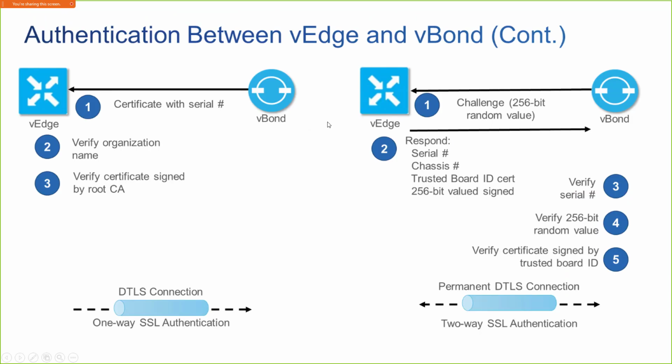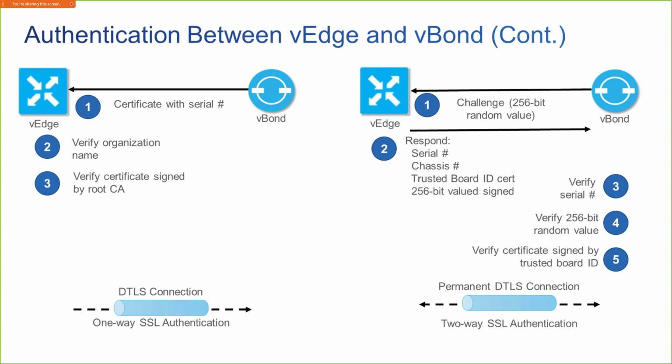Now, what if I'm communicating between vEdge and vBond? Over that DTLS channel, the vEdge router and the vBond orchestrator authenticate each other in parallel, just like we saw with the vSmart and so on. And it's the same basic process, right?